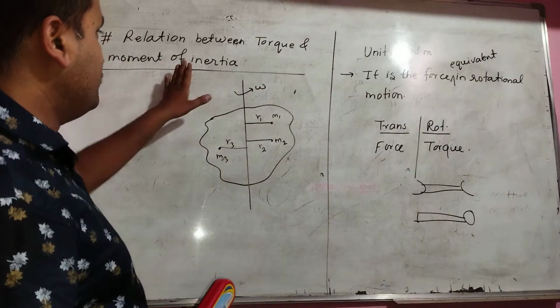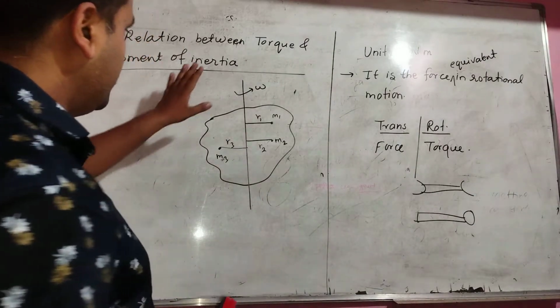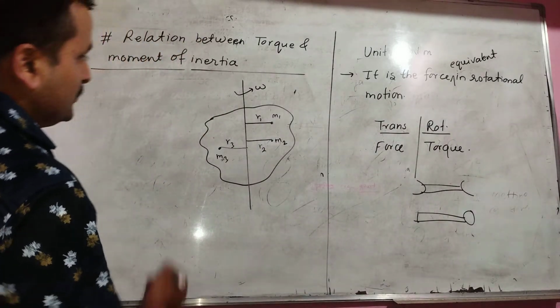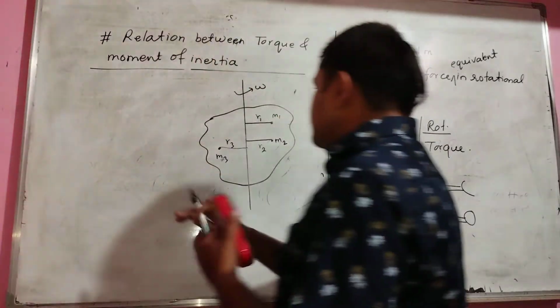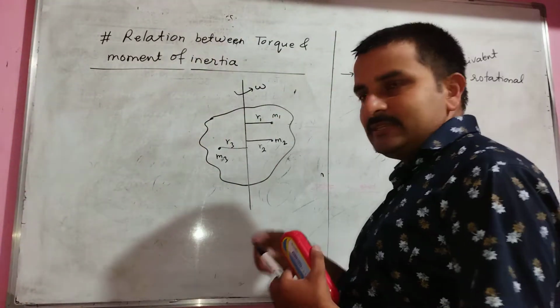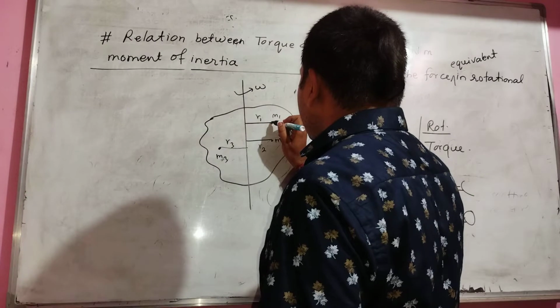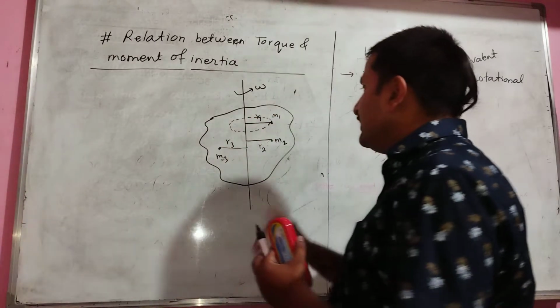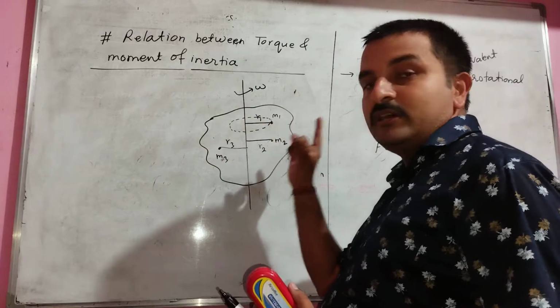To find the relation between torque and the moment of inertia, what we can do is this: when this body is rotating about the axis, each particle inscribes a kind of circular path.